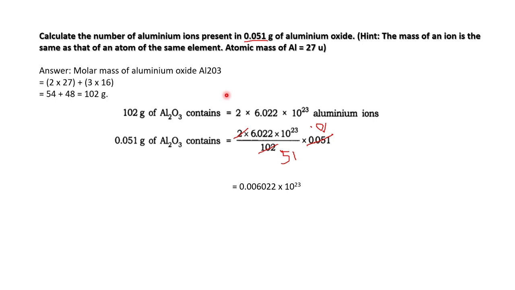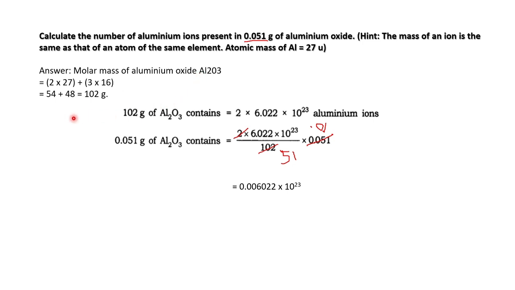The atomic mass of aluminum is 27 into 2 times aluminum, isn't it? So we have multiplied by 2. Then we add 3 into 16, which is 48, together 102 grams. Okay, molar mass of aluminum oxide will be 102 grams.